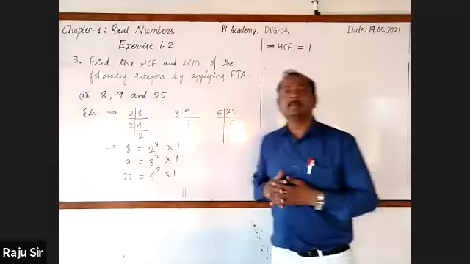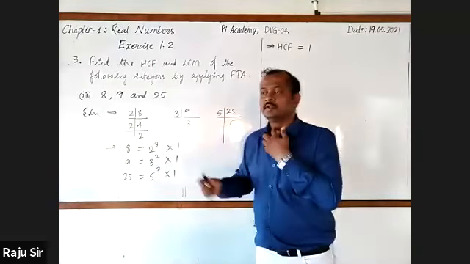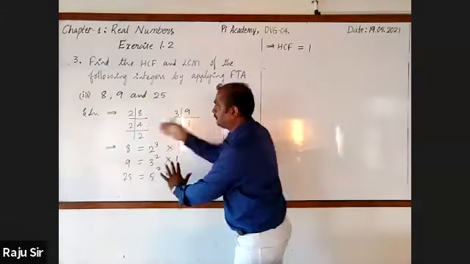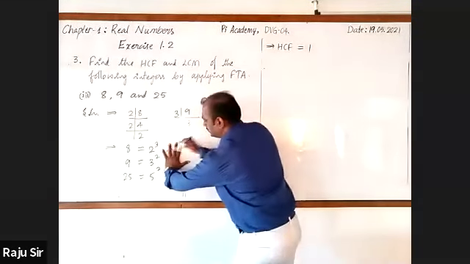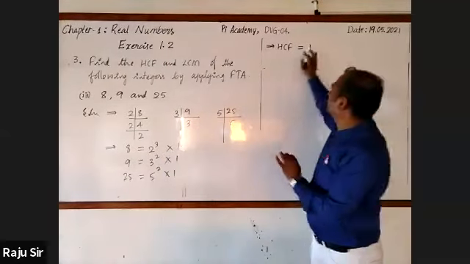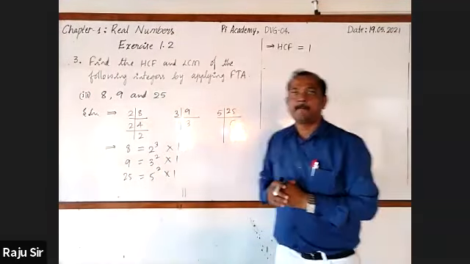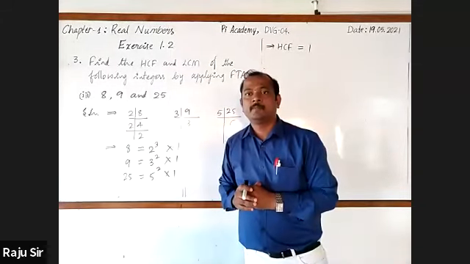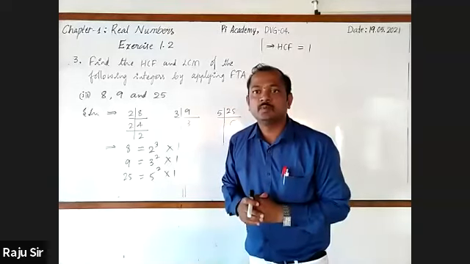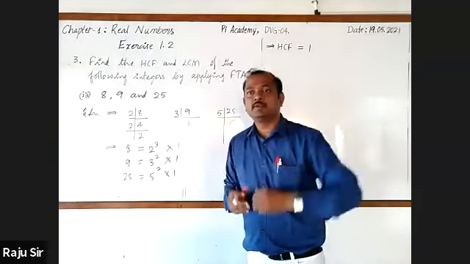Anybody want to tell? See, from prime factorization we have come to know that there was no common factor. Then we have taken 1 as their HCF. These are cube and square numbers.